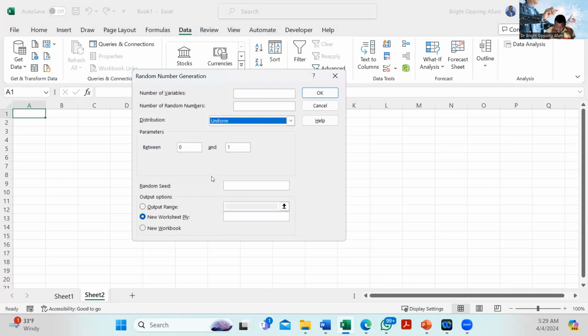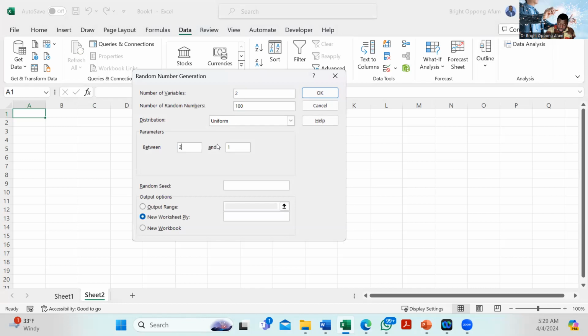So if we have that, then we want to generate, let's say, 2 columns of random numbers and 100 rows. So what are the two extreme values?